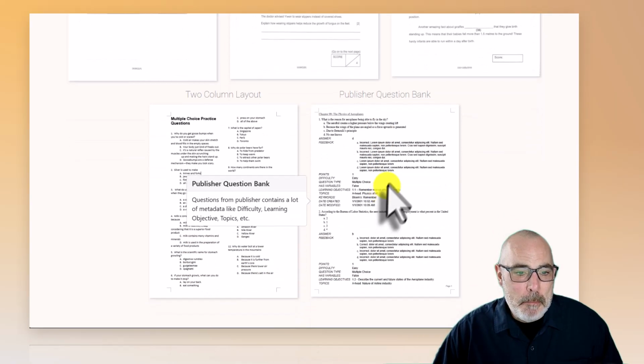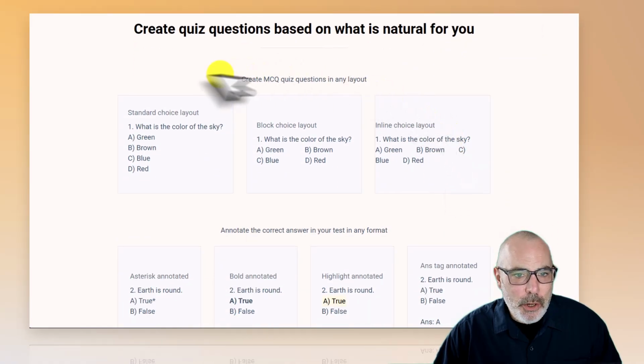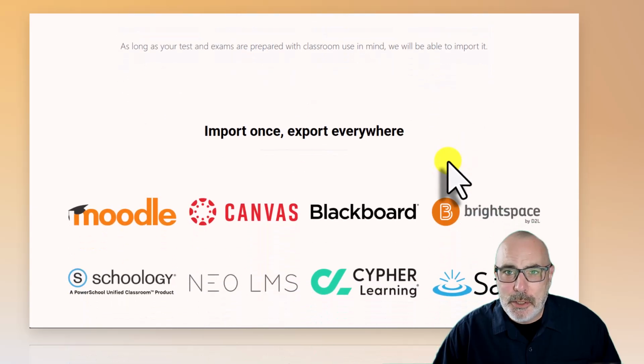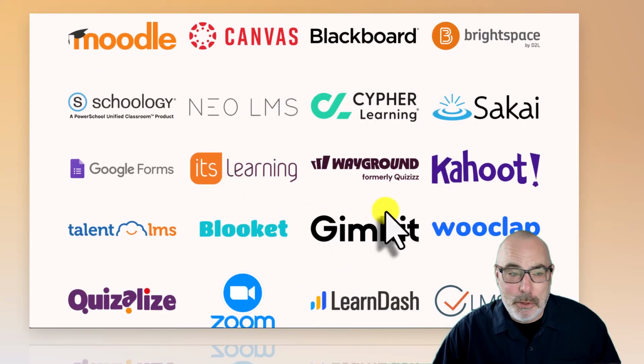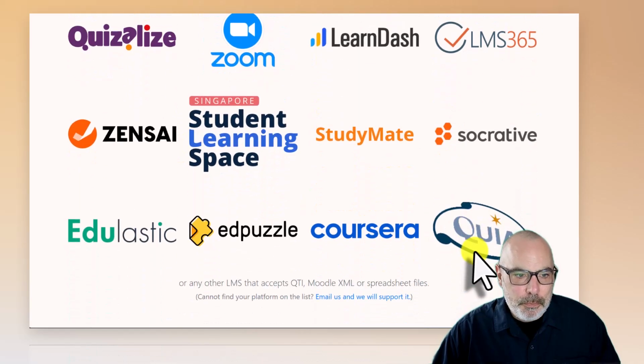But you can use a Word document like this, and create multiple choice, short answer, essay, quizzes, questions, etc. Works with a lot of different learning management systems. I'm currently using it primarily with Canvas and Kahoot, as well as Google Forms.